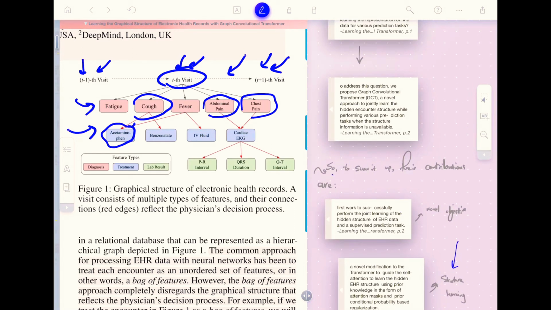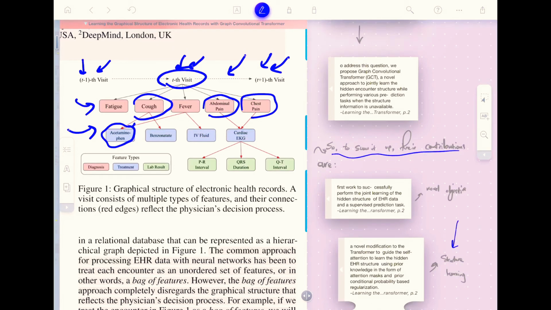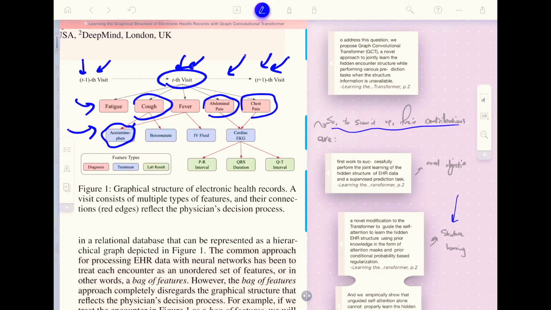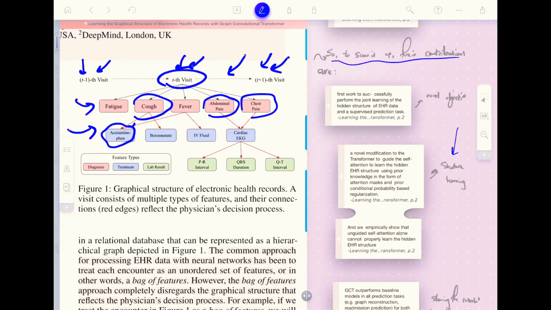So to sum it all up, the contributions of this work are: first, the novel objective of jointly learning the hidden structure in the electronic health records and the supervised prediction tasks. And the novel modification to the transformer, because the previous works, as we will go over in the related works, just use the transformer as a substitute for recurrent neural networks.